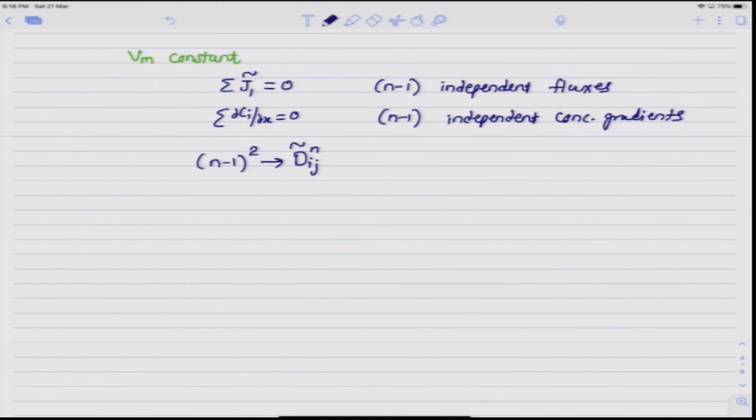But as we have seen, for intrinsic diffusion sigma Ji is not equal to 0, because we need to consider the net vacancy flow also, or the term related to JV, the vacancy flux, and so we have n independent fluxes. The constraint on gradients will still apply, and so instead of n minus 1 square we have n times n minus 1 intrinsic diffusion coefficients.